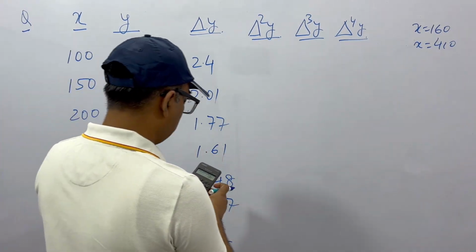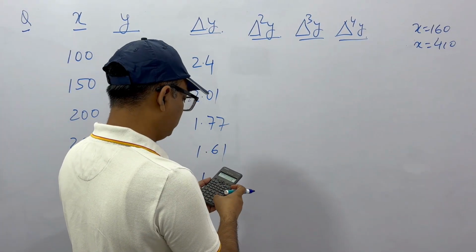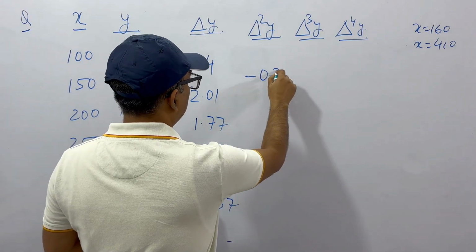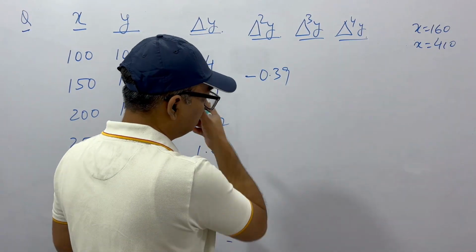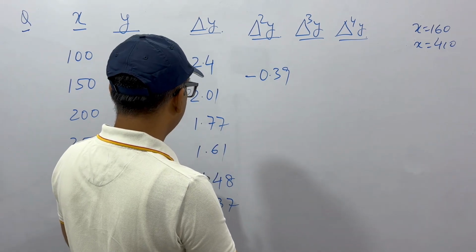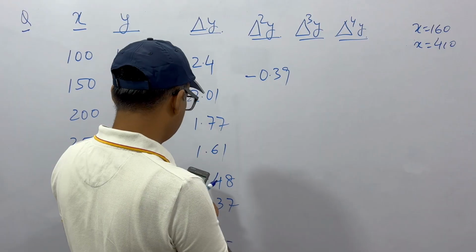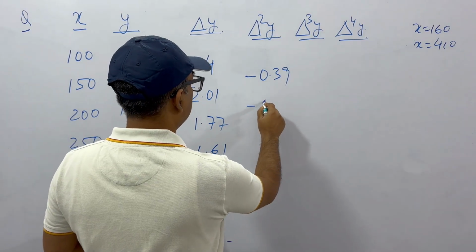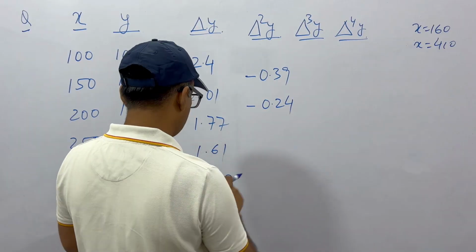Second differences: 2.01 minus 2.4 is minus 0.39. Then 1.77 minus 2.01 is minus 0.24.